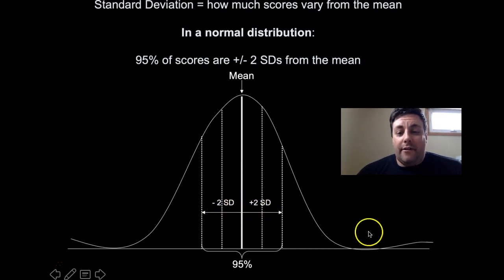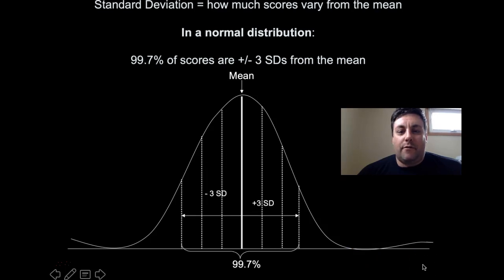So it's very unlikely that we're going to get a basketball player who's really, really tall, or on the other hand someone who's very, very short. Very unlikely, right? Because this is the normal distribution. This is where most of the scores fall. If we extend it out to 3 standard deviations, you actually get 99.7% of scores occurring within 3 standard deviations.